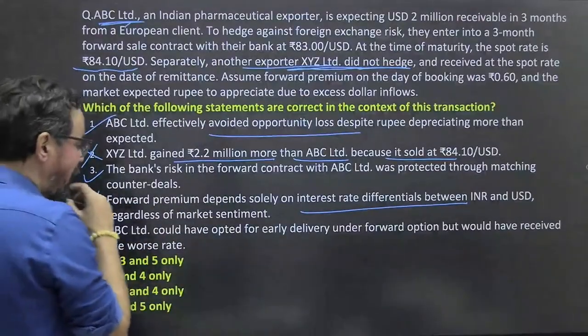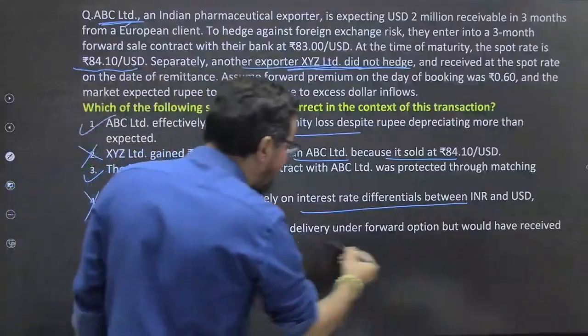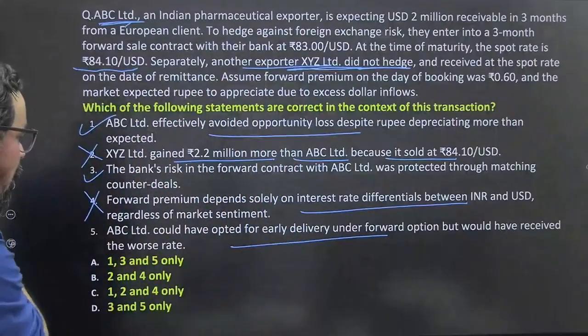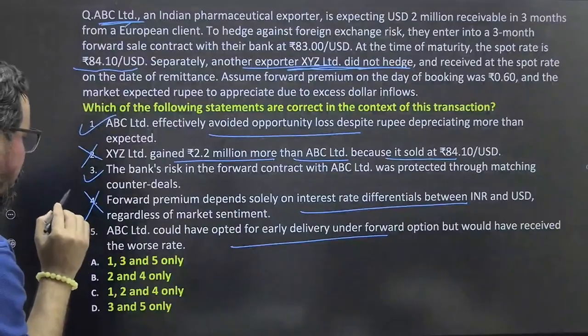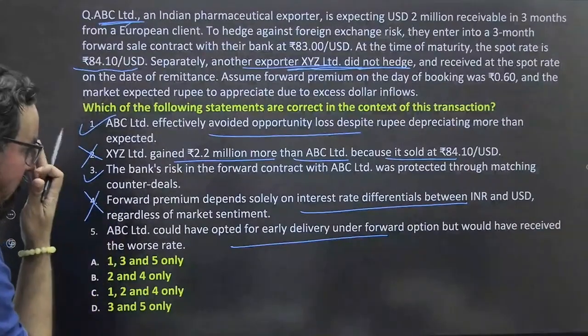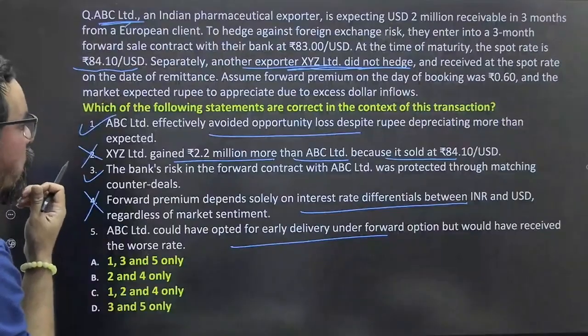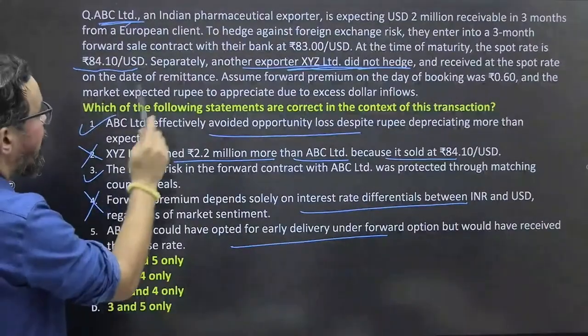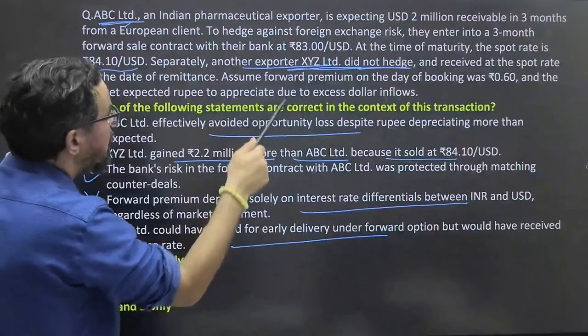ABC Limited could have opted for early delivery under the forward option, but would have received the worst rate. ABC Limited has a $2 million receivable in 3 months.